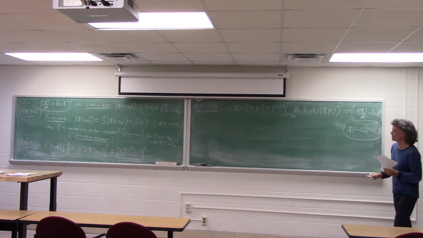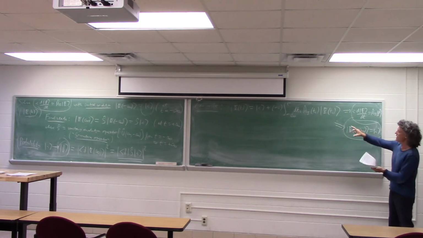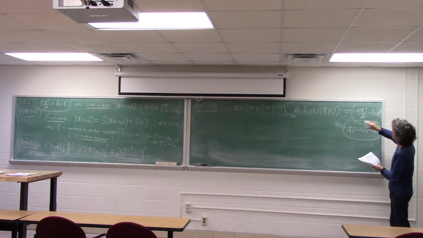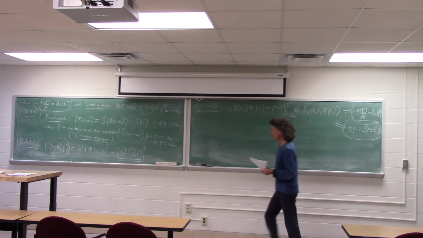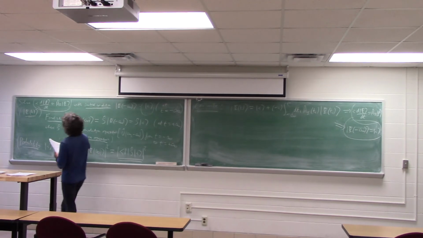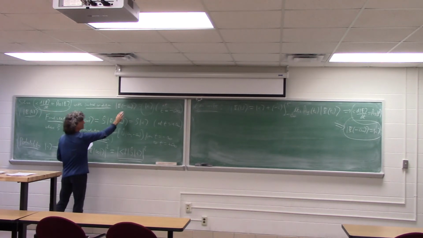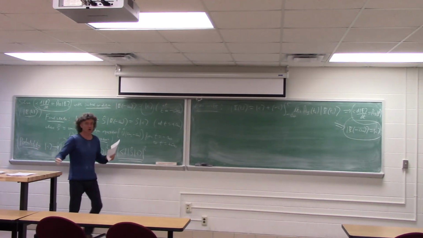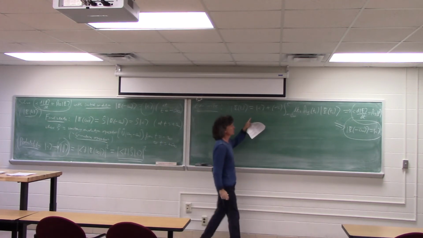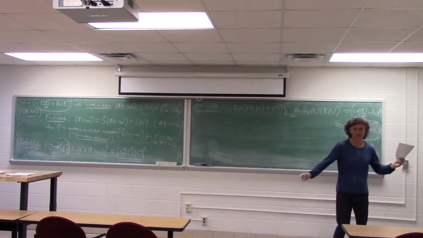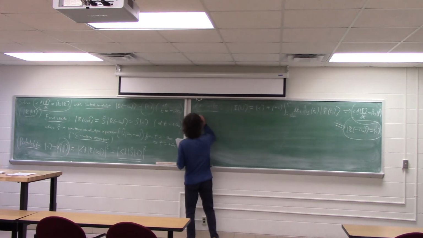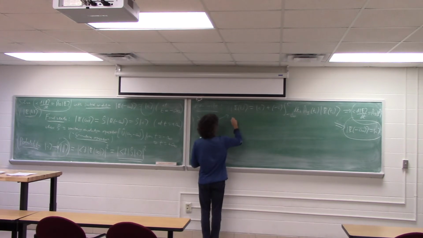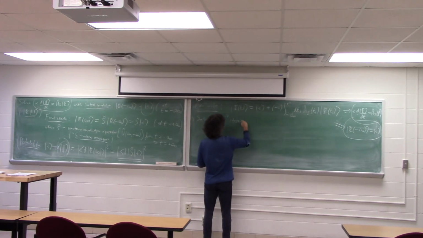So the nice thing about this is that it's a compact way of writing the Schrödinger equation and the initial condition. We want to solve the Schrödinger equation with this initial condition. So what we can say is, okay, we need to solve this integral equation, and we do it iteratively.